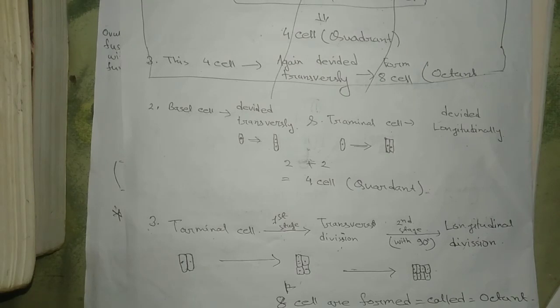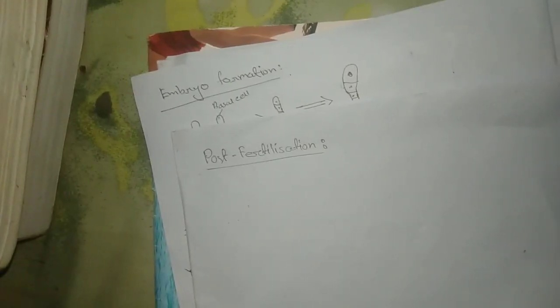That means the structures and events we have to know: the events of endosperm and embryo development, maturation of ovule into seed, and ovary into fruit.